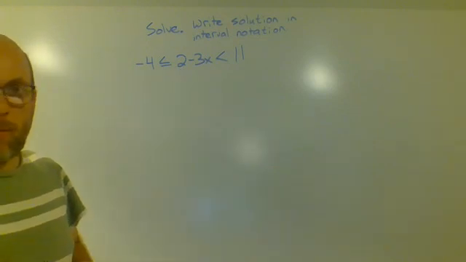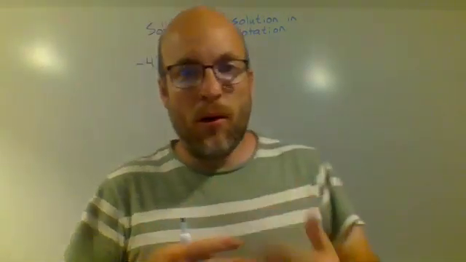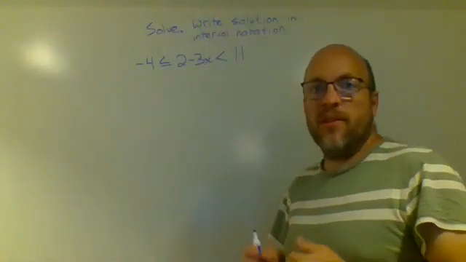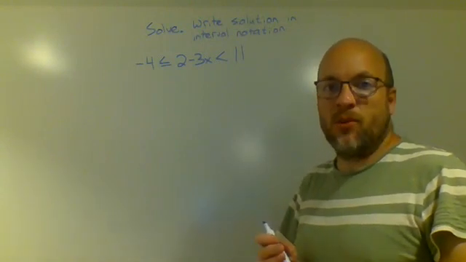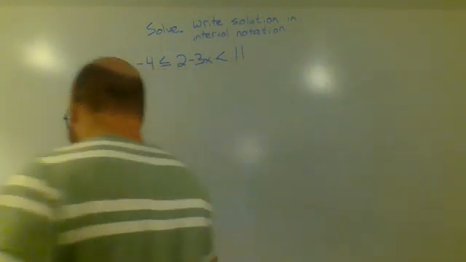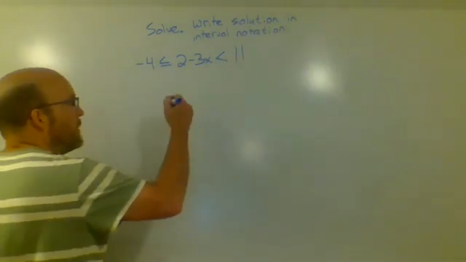And the other main reminder here is that when you're solving inequalities, it basically works in the exact same way as solving an equation. We just have one extra rule. I'm going to go ahead and write this out just to make sure that this is as clear as I can possibly be.